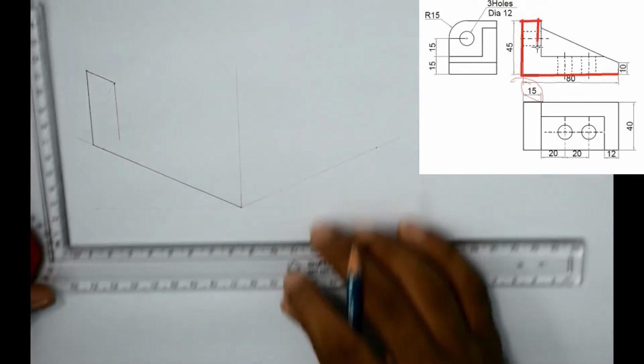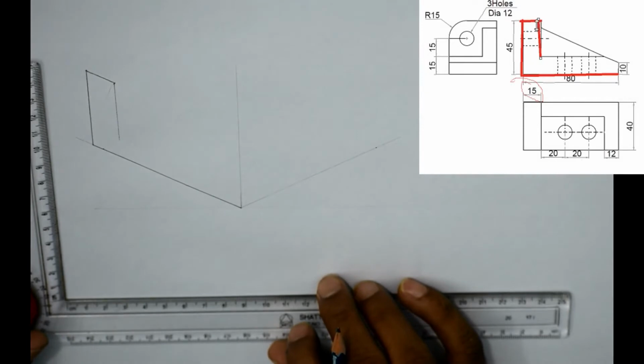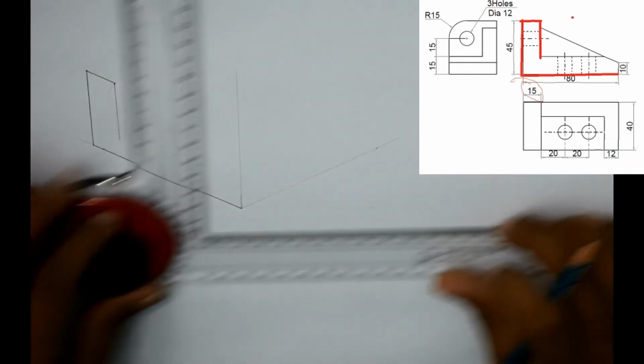I don't know the length here till now, but as you can see in the top view, there is a 12 in the bottom right corner of the top view, and also in the side view. This means this height is 12 mm.